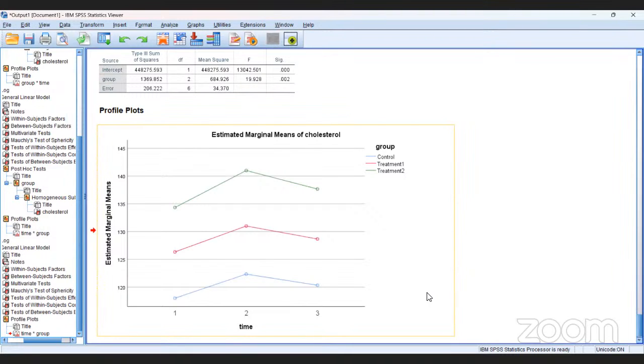So this is the repeated measure data, where you can use the control group as well as the experimental group.